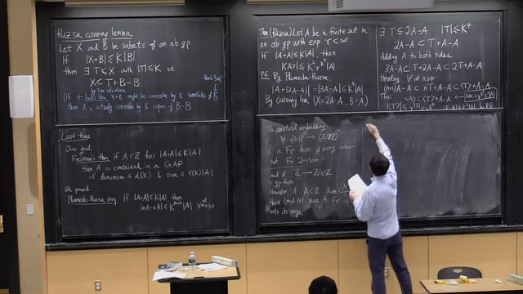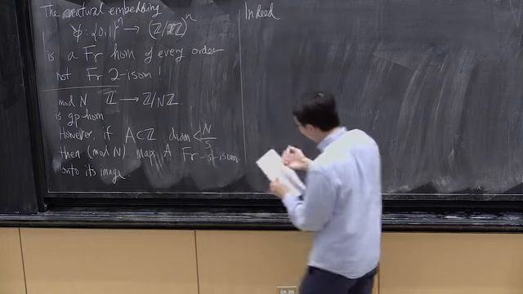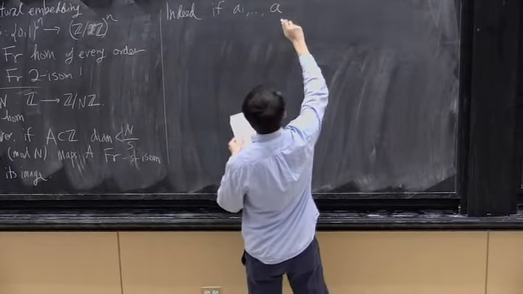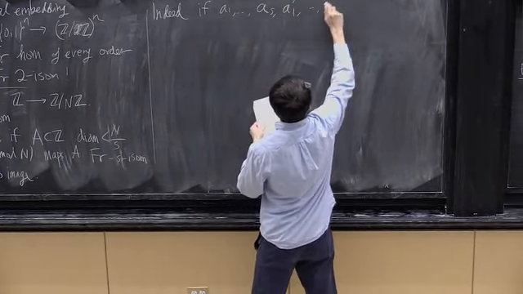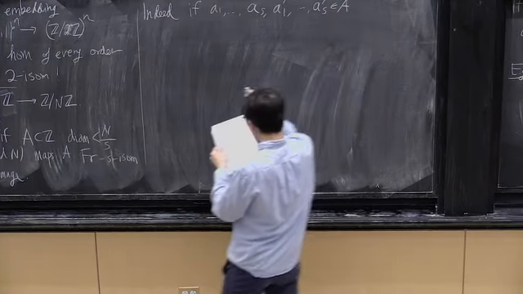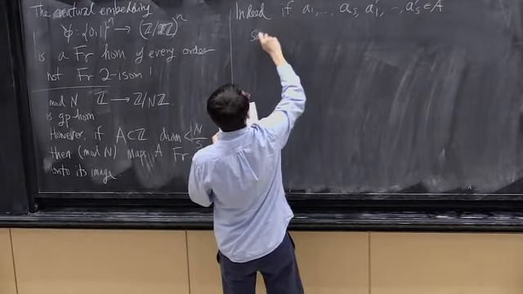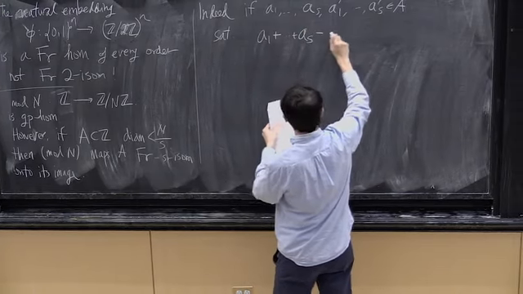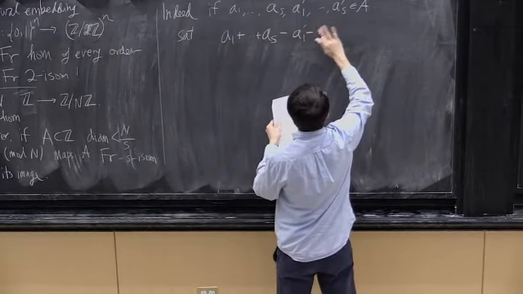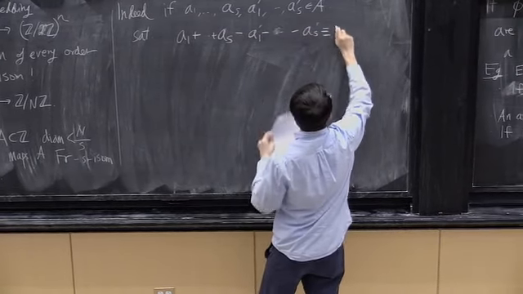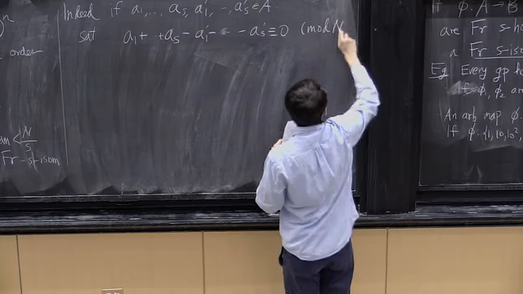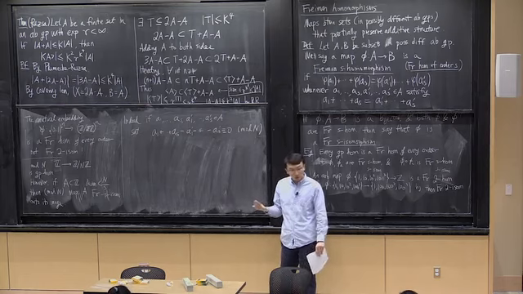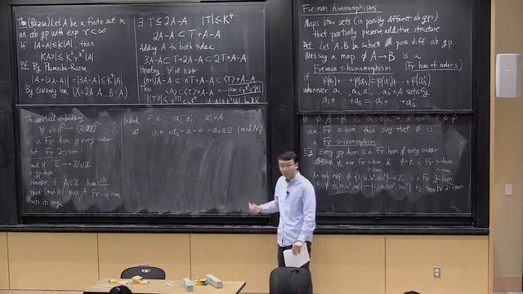Right. So indeed, if you have group elements A1 through As, A prime 1 through A prime s, and if they satisfy the equation, so we're trying to verify that it is a Freiman s isomorphism, namely the inverse of this map is a Freiman s homomorphism.